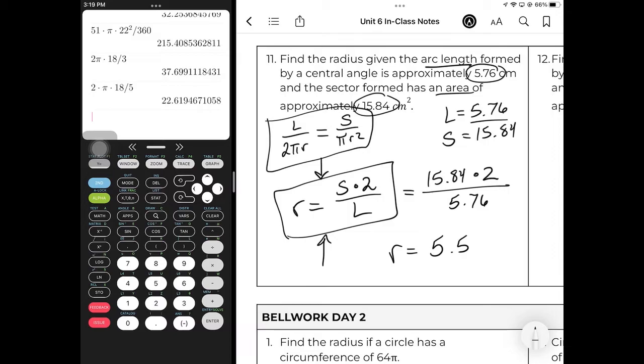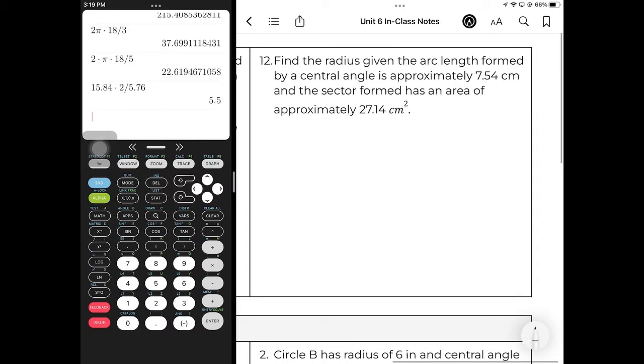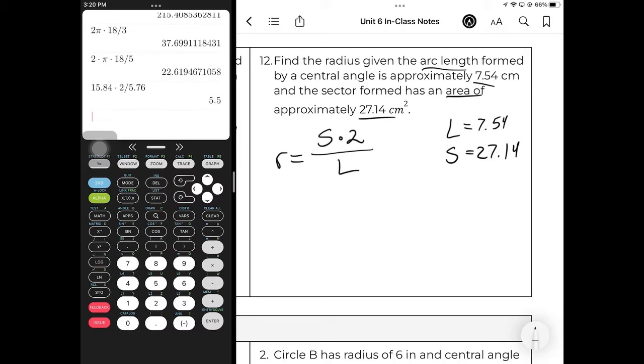Again, I'll show you that over here on the calculator. 15.84 times 2 divided by 5.76 is just a simple 5.5. Okay? Same idea on 12. I've given you an arc length of 7.54 and a sector area of 27.14. So again, I'm using the radius formula that radius equals sector area times 2 over arc length.